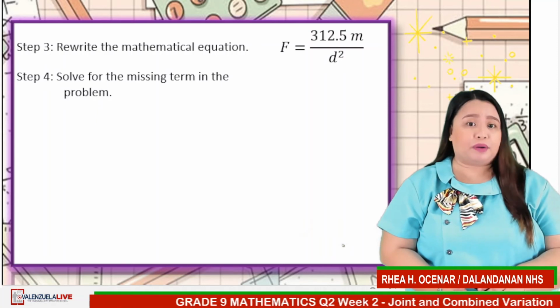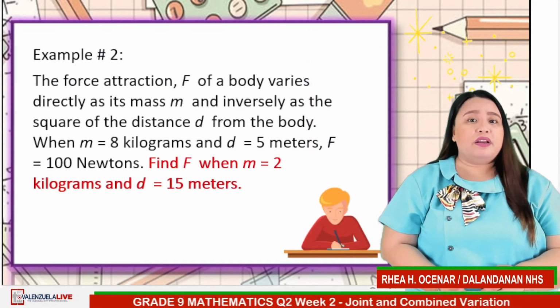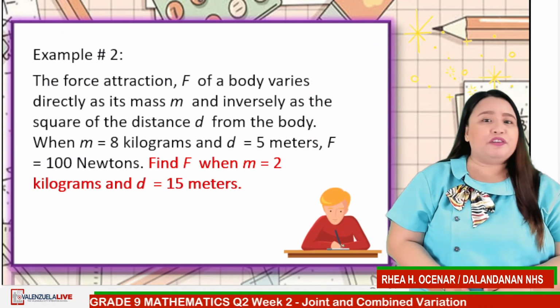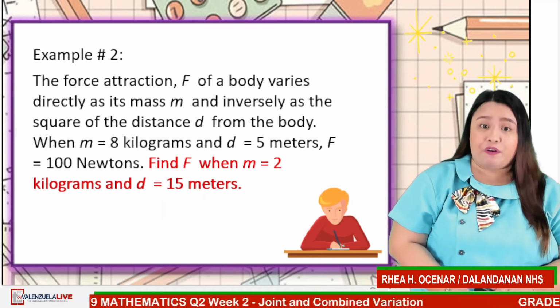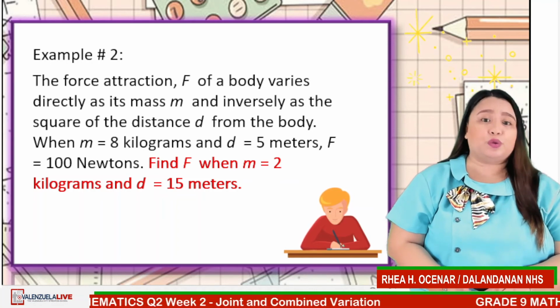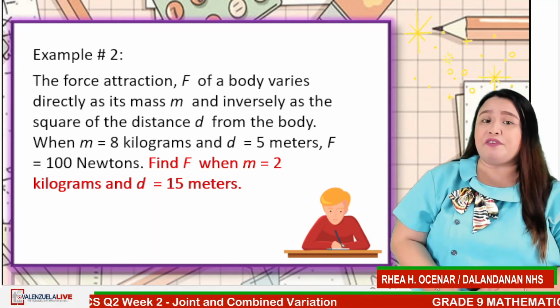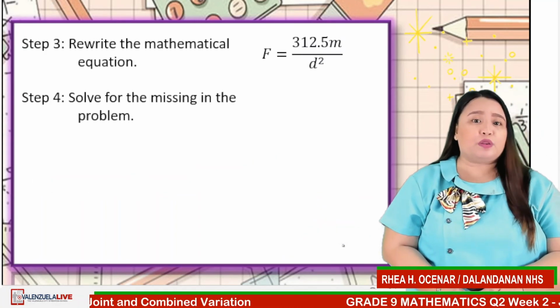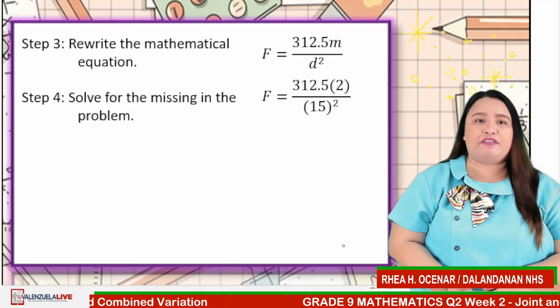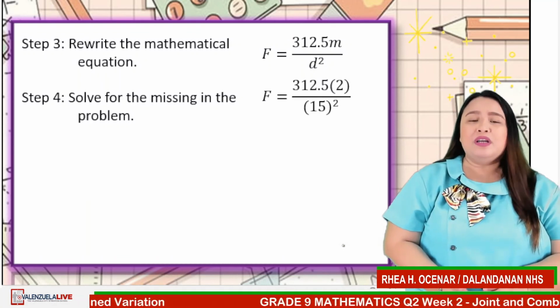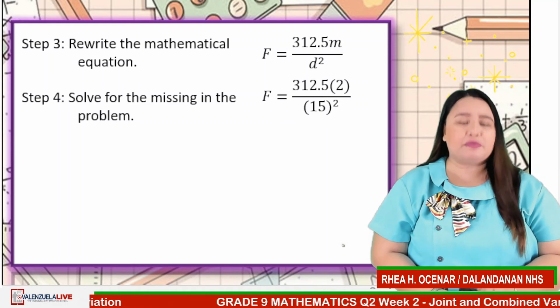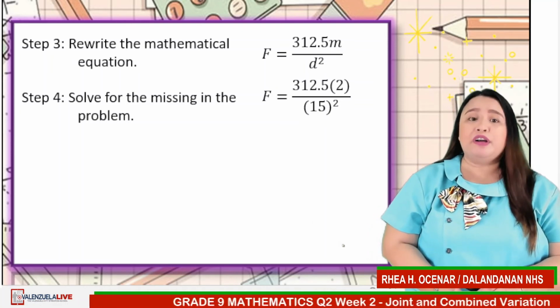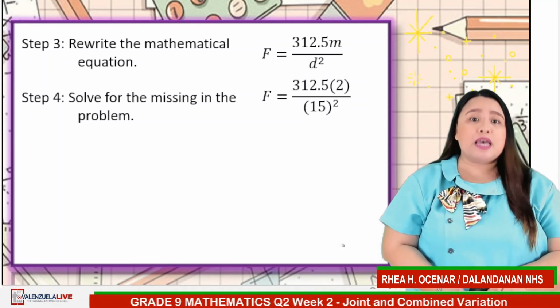Step 4. In our example, we need to find F or force of attraction when mass is 2 kilograms and distance is 15 meters. Substituting to our formula, we have F is equal to 312.5 times 2 over 15 squared.